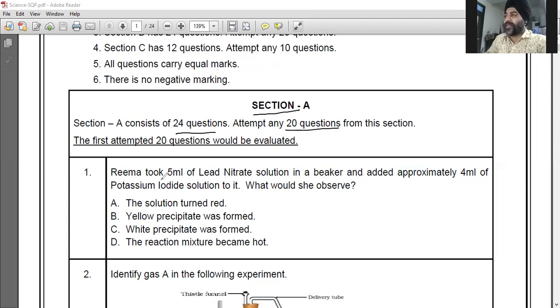This question is from chapter number 1, chemical reactions and equations. The formula of lead nitrate is Pb(NO3)2, plus KI, that is potassium iodide. Now, a double displacement reaction will take place, forming PbI2 and KNO3, that is potassium nitrate.